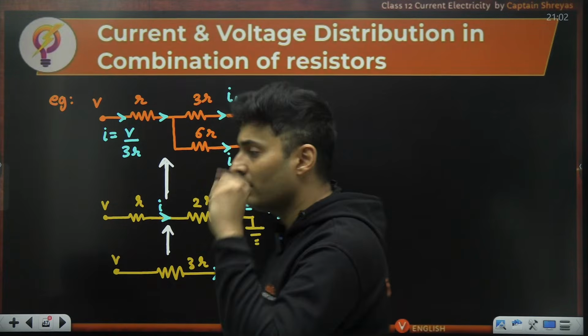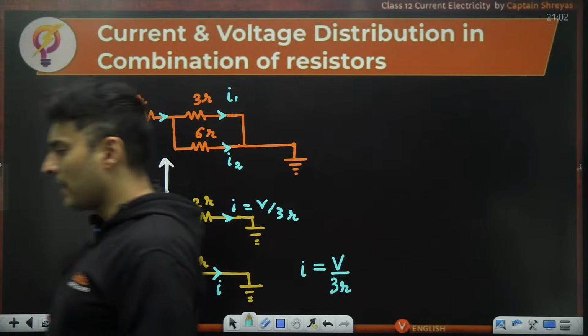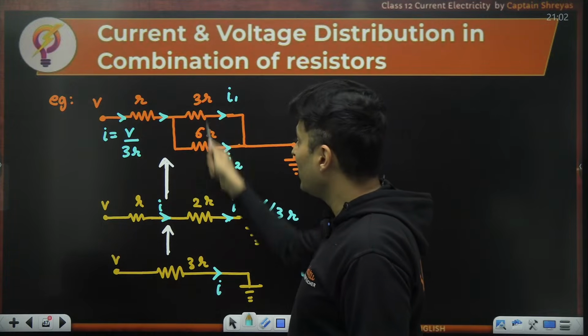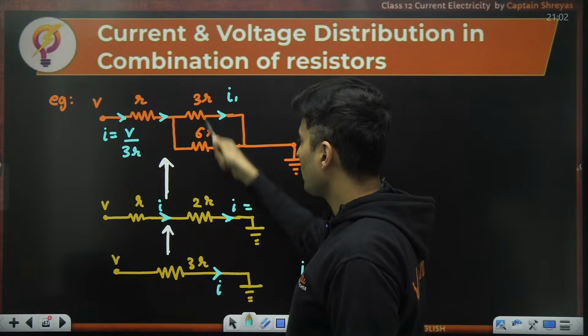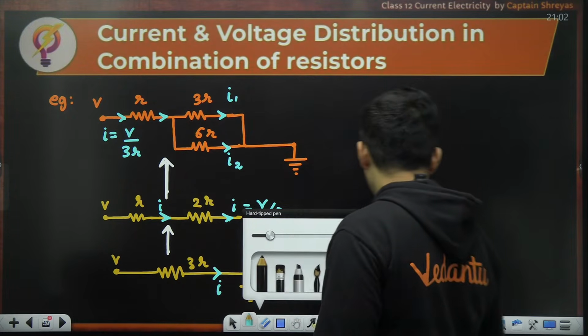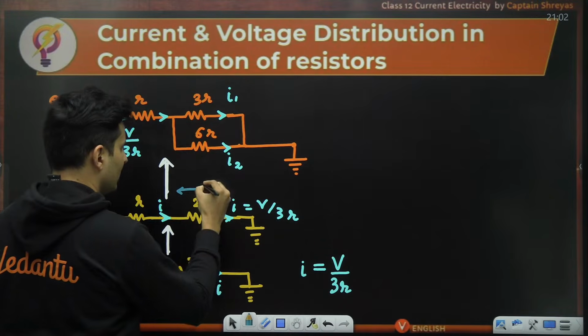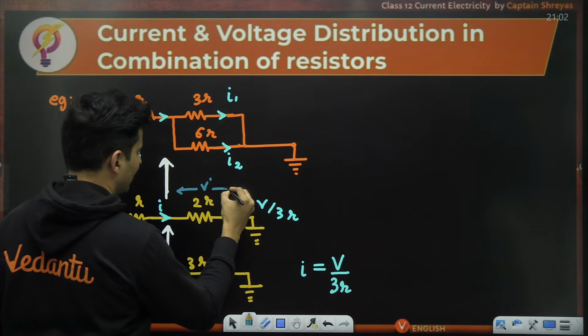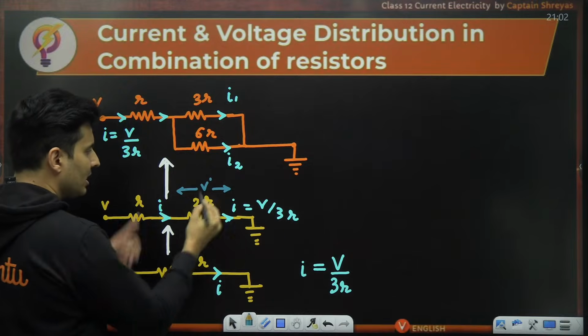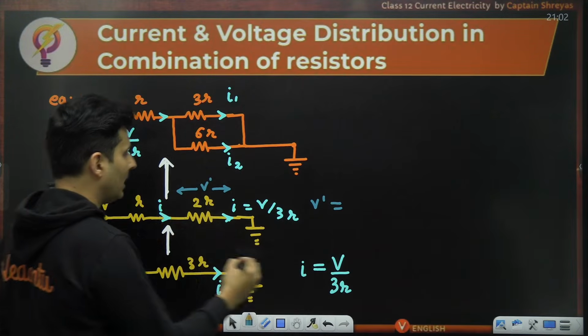Now, how to find I1 and I2? Come on, guys, think about it. Well, the voltages are the same across both of them. So what is that voltage across this? Let's say we call it V dash. This V dash is current multiplied by resistance.